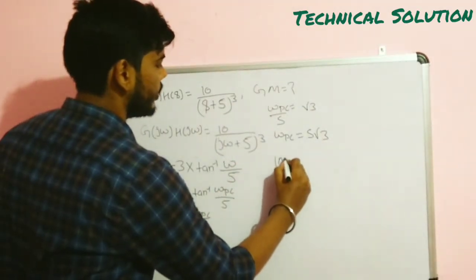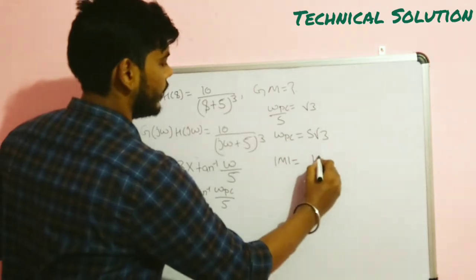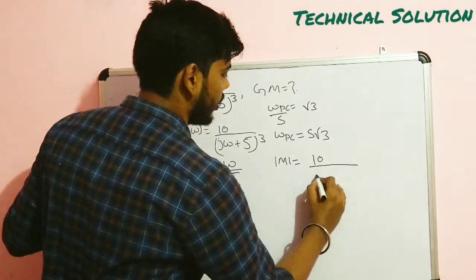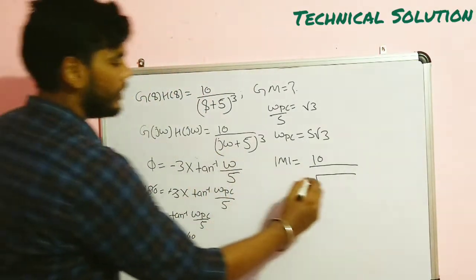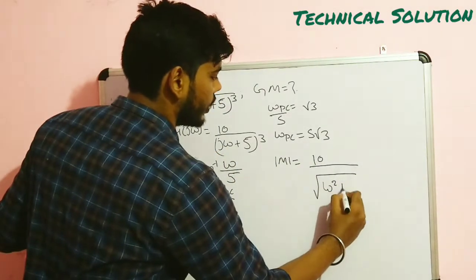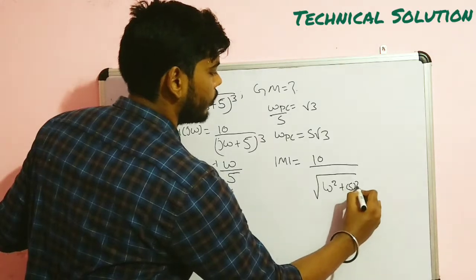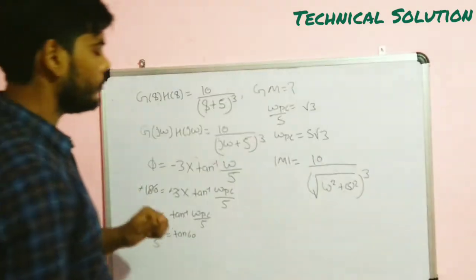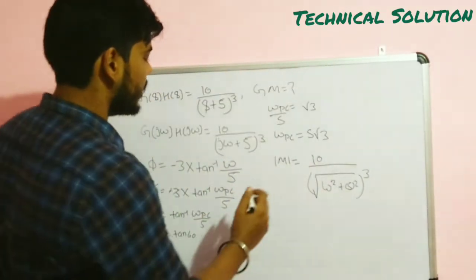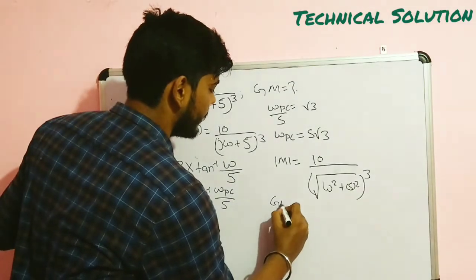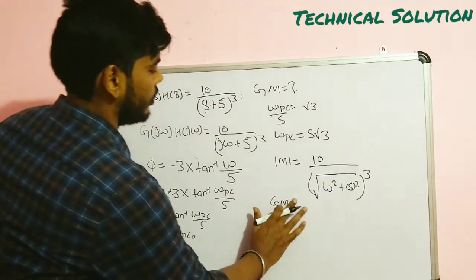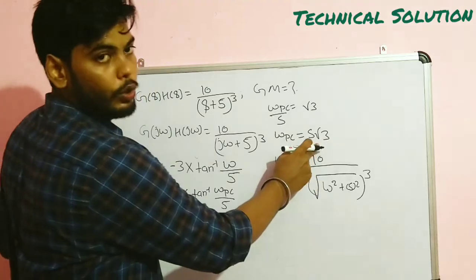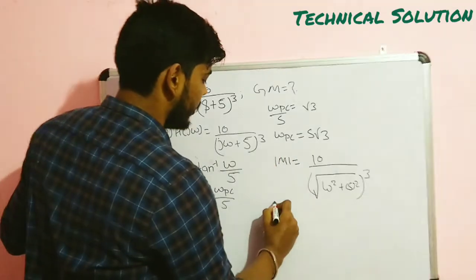The magnitude is equal to 10 upon the root of imaginary part whole square plus real part whole square, whole raised to the power 3. In place of omega, we put omega PC.